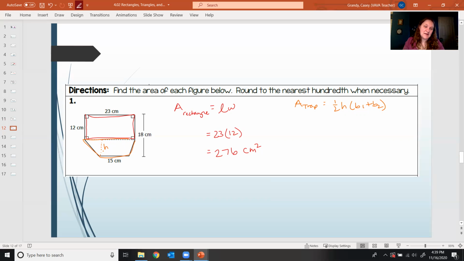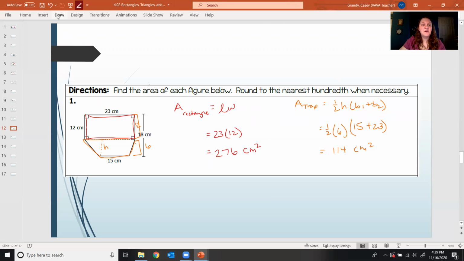But it doesn't tell me the height. It tells me this entire distance is 18, and I know this distance is 12, which means this distance must be 6. So the height is 6. One base is 15 and the other base is 23. And if you had those two numbers flip-flopped, that would have been fine. And I calculate this and I get 114 centimeters squared.